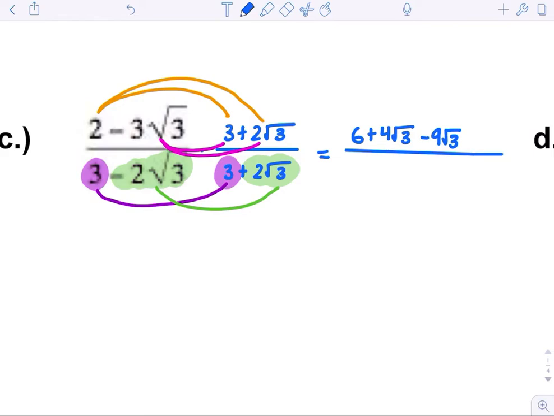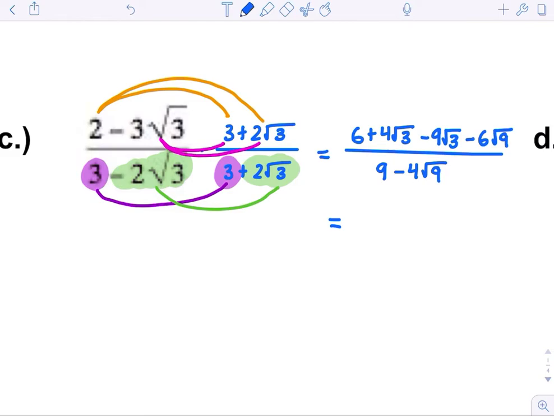And negative 3 radical 3 times 2 radical 3, remember, outside times outside, inside times inside. 2 times negative 3 is negative 6. Radical 3 times radical 3 is radical 9. All over 3 times 3, doing the purple, is 9. Minus 2 times 2 is negative 4. And radical 3 times radical 3 is radical 9.